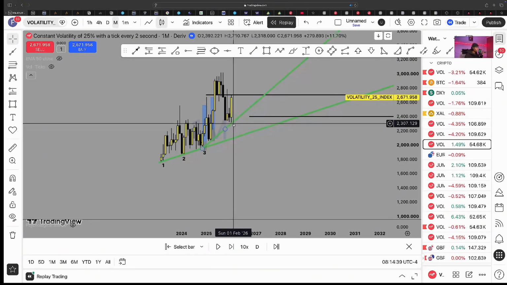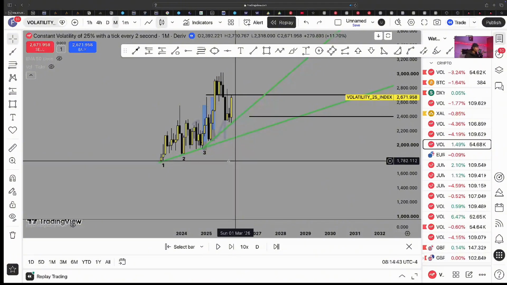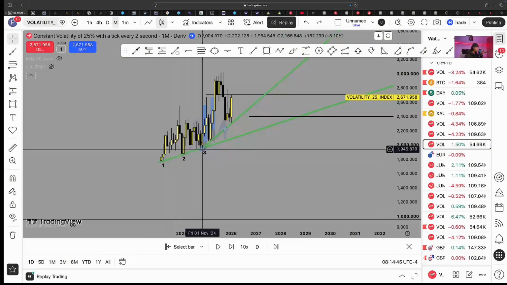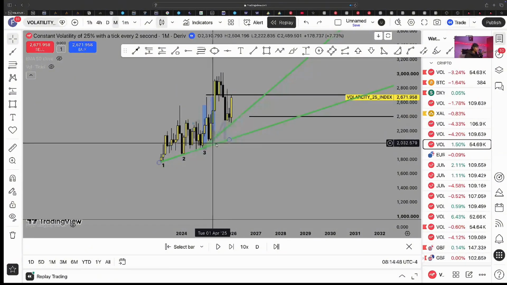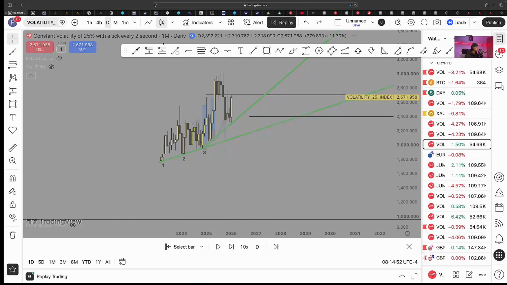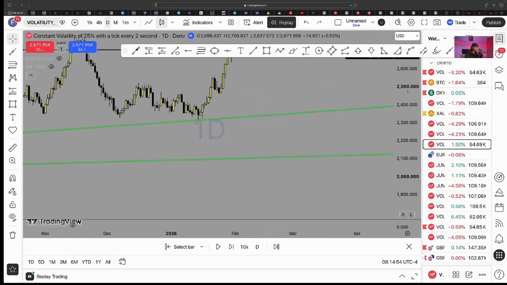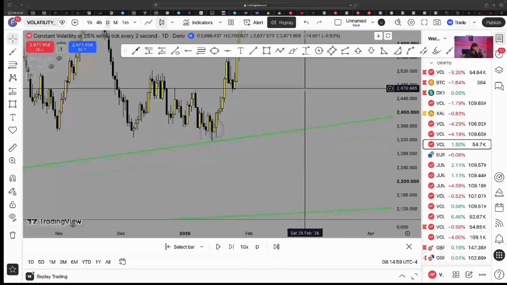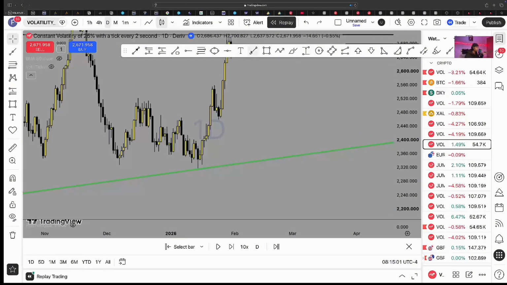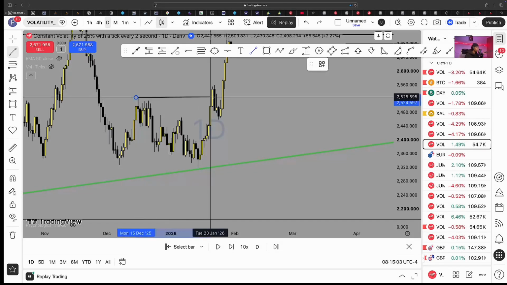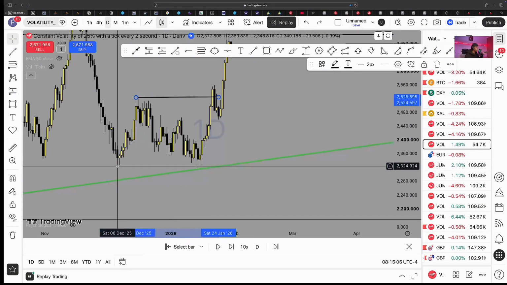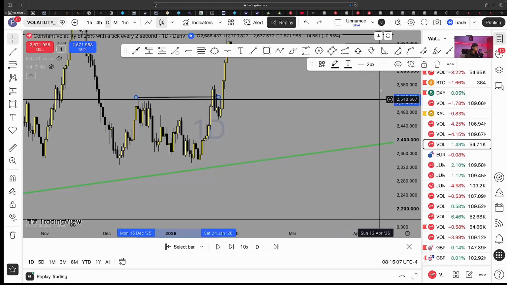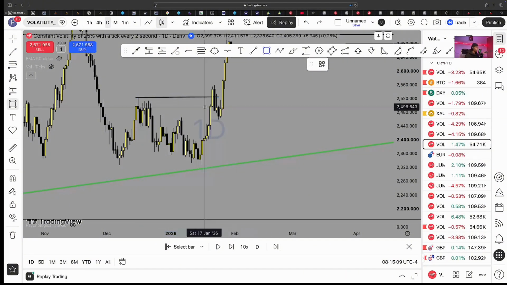As you guys can see, we have a third touch. So now if you want to check, this should be the first, the second, and the third touch. So if you drop down to your daily, the same thing again. This was the recent high. I took out this low, we had an FVG right here.